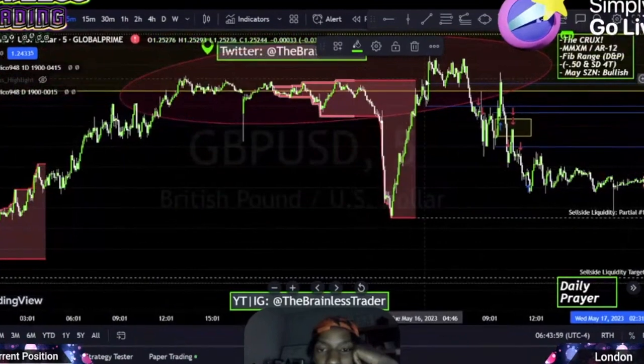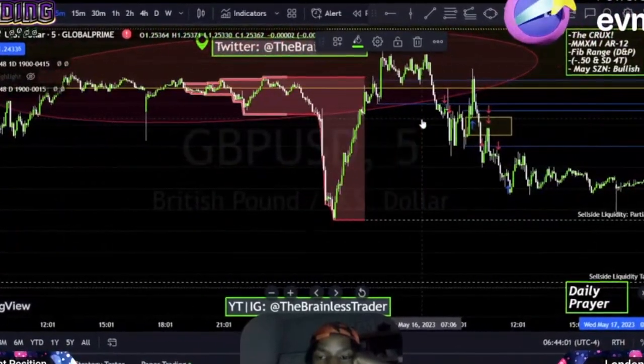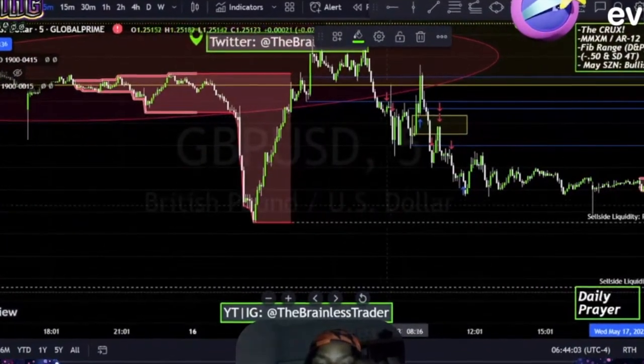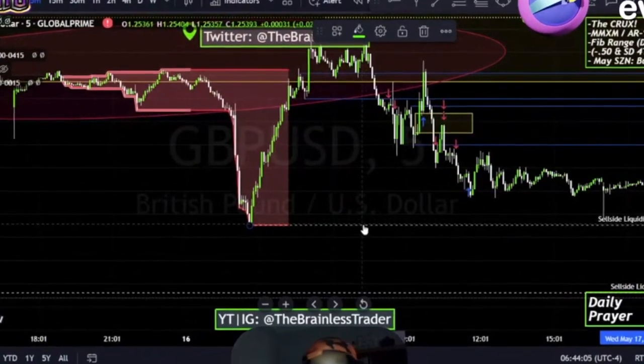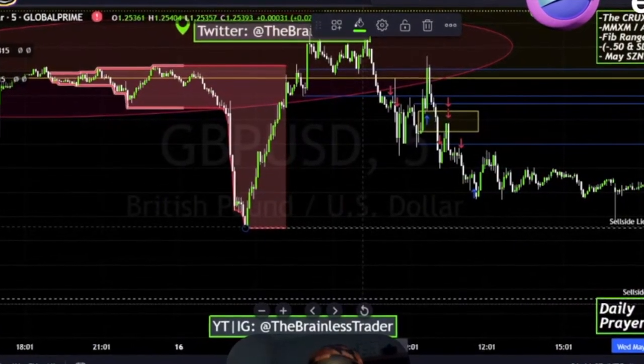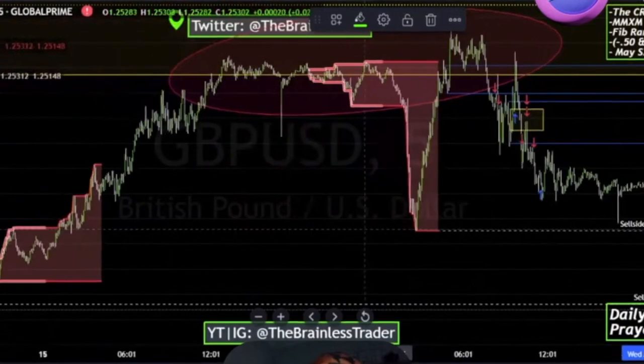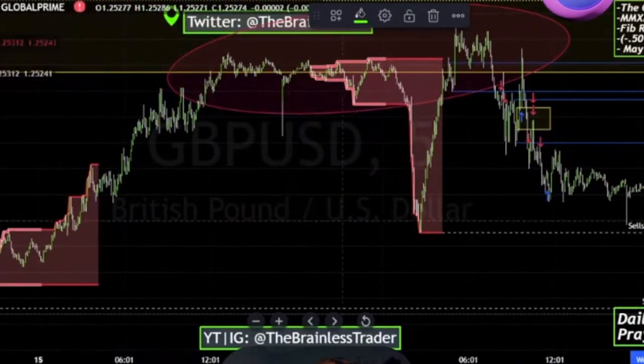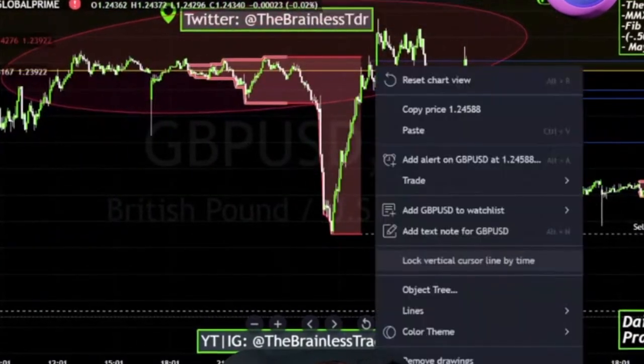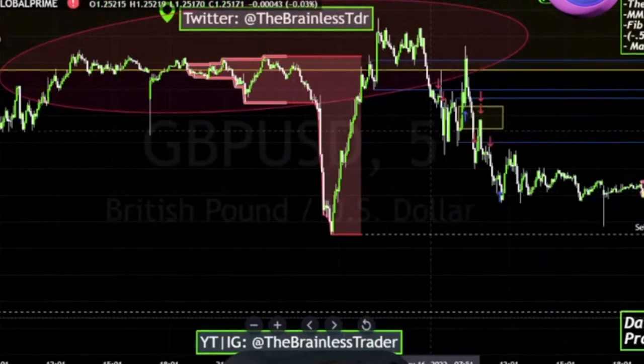After this run on liquidity, I want to identify my areas of sell side liquidity that could become areas I could take a partial at, and then my ultimate target is way down here at those higher time frame lows that I showed earlier.